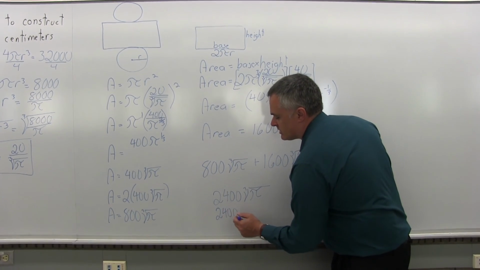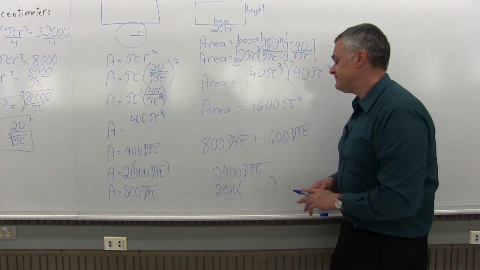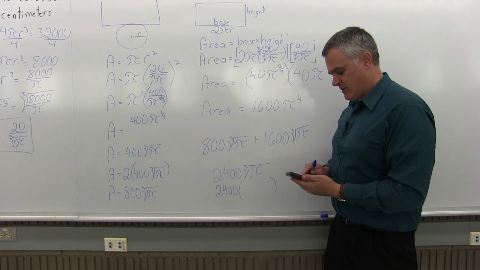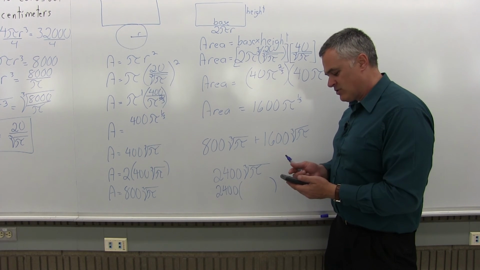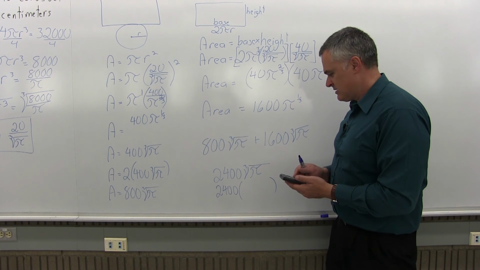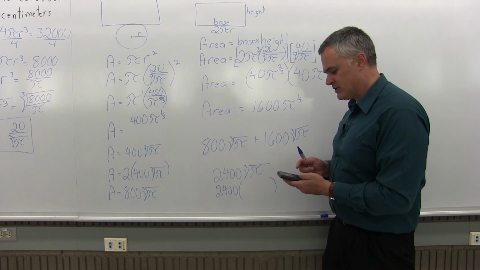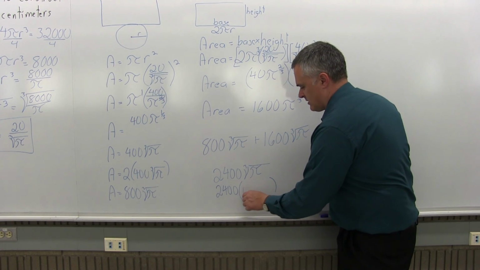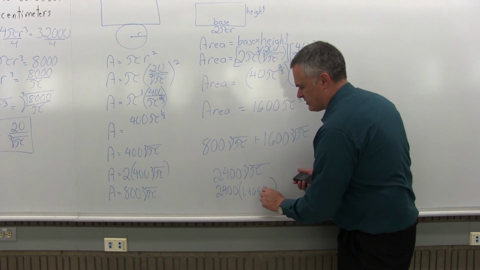So how many square centimeters is that? So it'd be 2400 times the cube root of pi, let me figure that out with my calculator. So I put pi on the screen to a bunch of digits, 3.1415. It goes to the end of the screen. I have a cube root button, so I'll take the cube root of that, and it is 1.4659. It goes to the end of the screen.